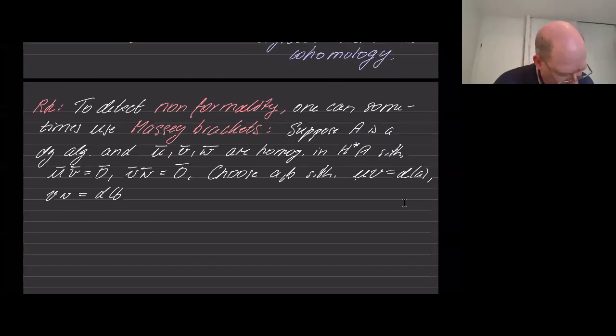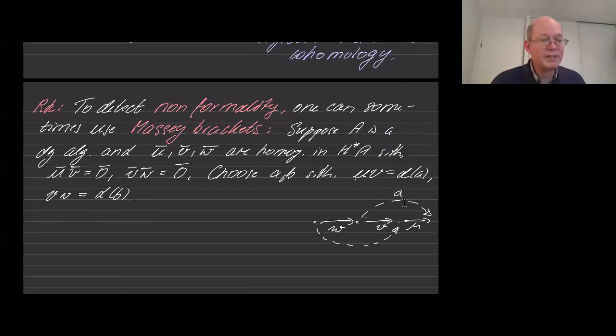So if you like, the situation is like this: u, v, w, and then the class of the composition uv vanishes in homology because it's the boundary of a, and the class of the composition vw vanishes in homology because it's the boundary of b.